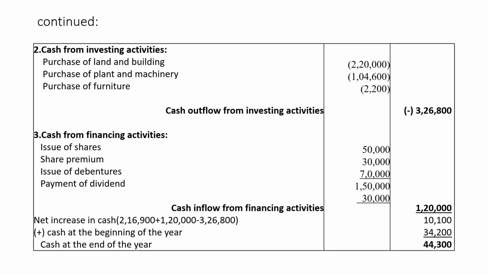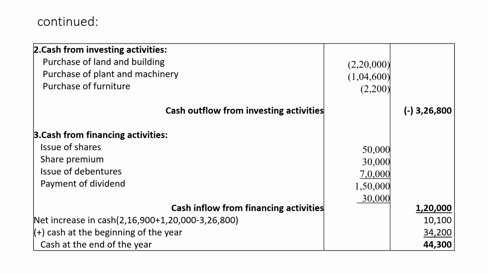Then cash flow from financing activities. Issue of shares, inflow of cash; share premium, inflow of cash; issue of debentures, inflow of cash; total 1,50,000, less payment of dividend, outflow of cash for rupees 30,000. Cash inflow from financing activities is 1,20,000.